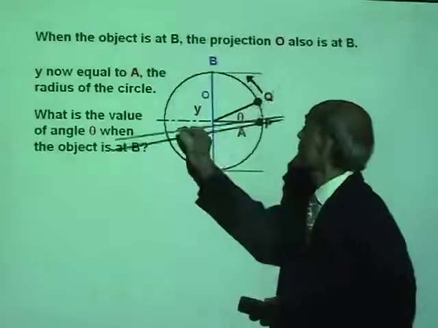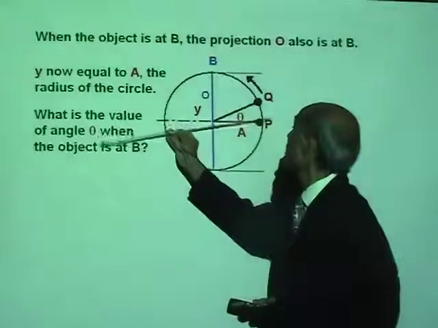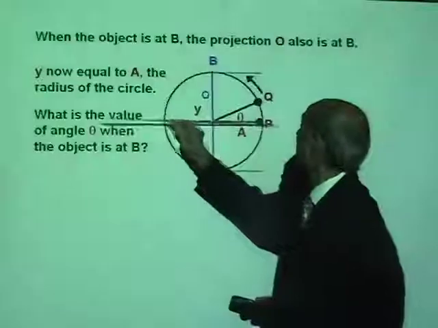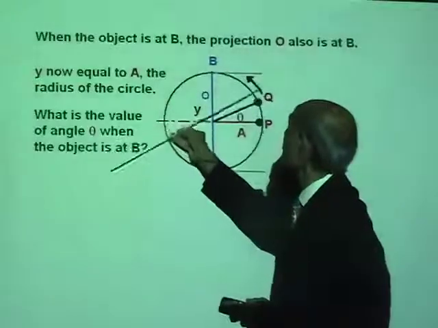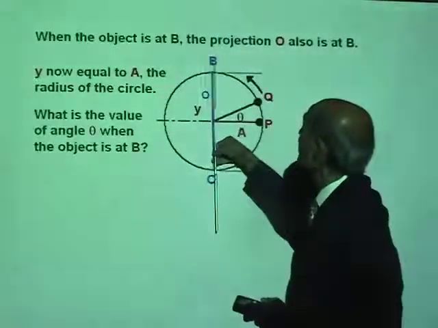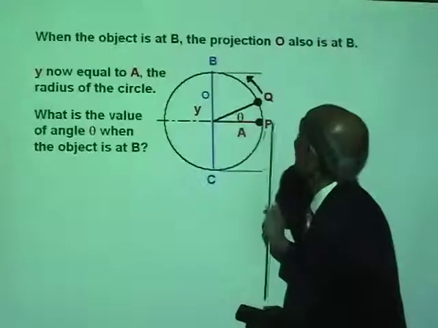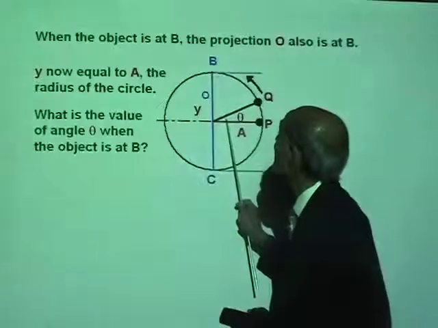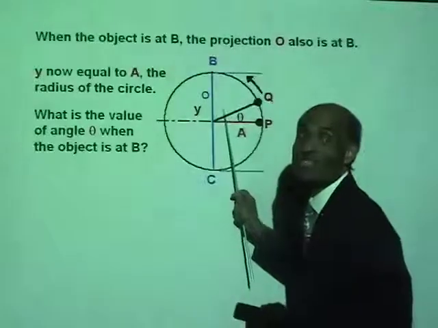Tell me. As the object moves from P to Q to B, the angle theta increases. And what is the value of angle theta when the particle is at B? It will be pi by 2, 90 degrees.